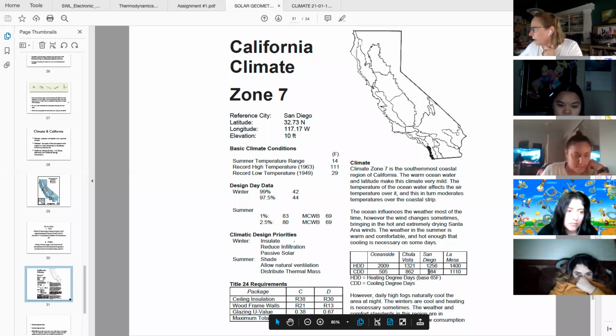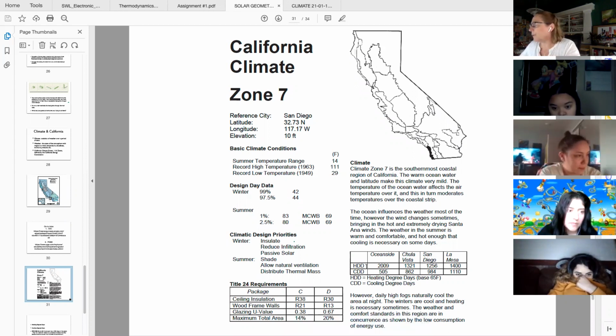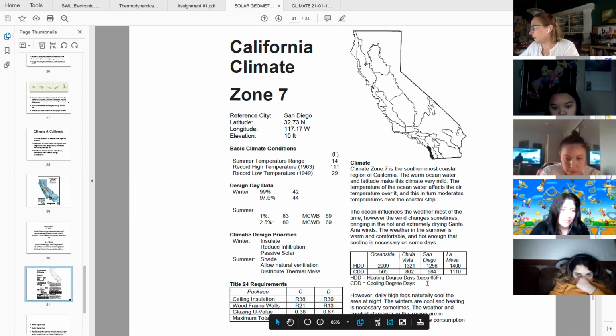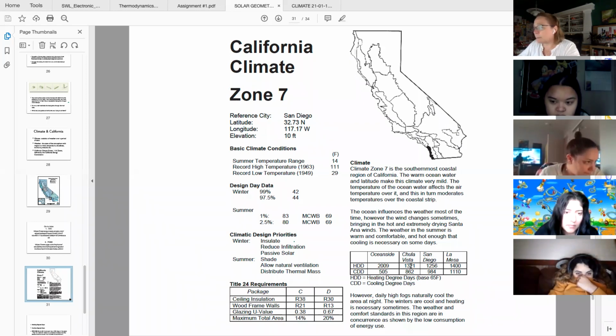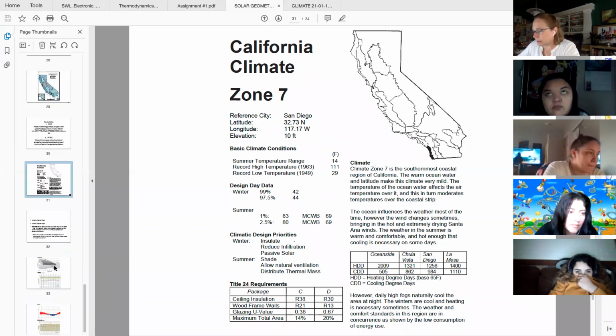The heating and cooling loads for a given climate are expressed in heating degree days and cooling degree days. Essentially, these are a summary of bin hours when you're either in heating or in cooling.